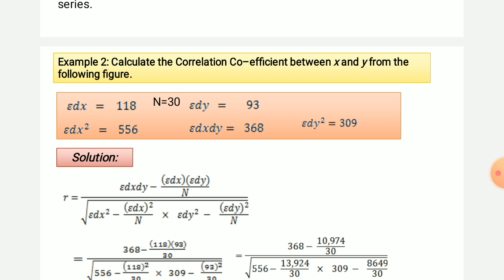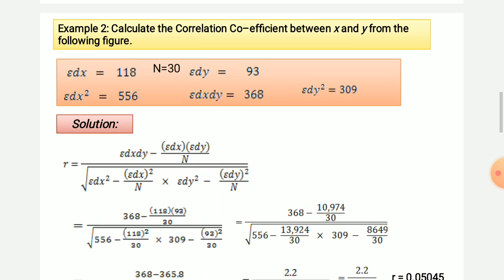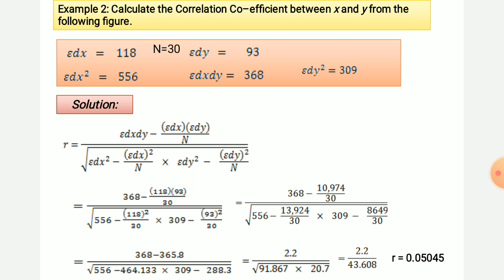Some terms are given, so by substituting these values into the formula, we will get the value of r.